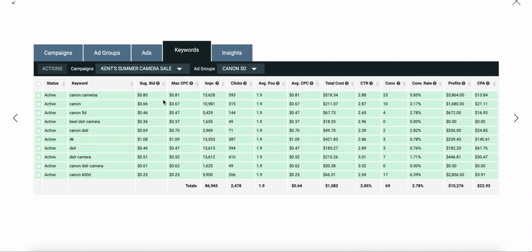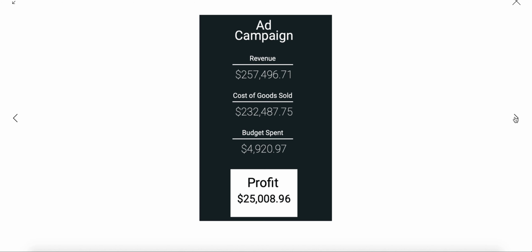Compare that to this Canon camera's up here, 13,628. I really can't say anything because this is zero conversions. But my point remains. I wish that they had the monthly searches available here on this page.